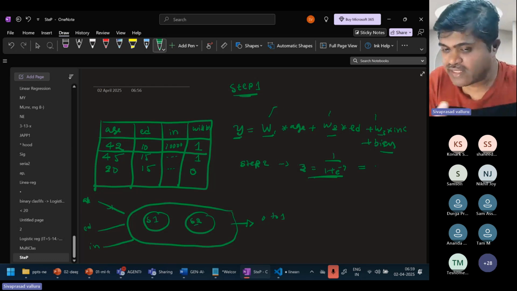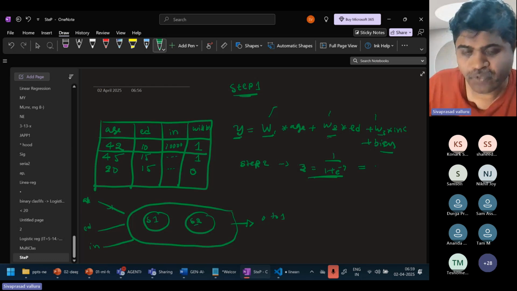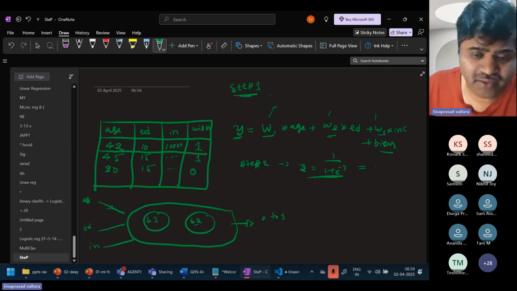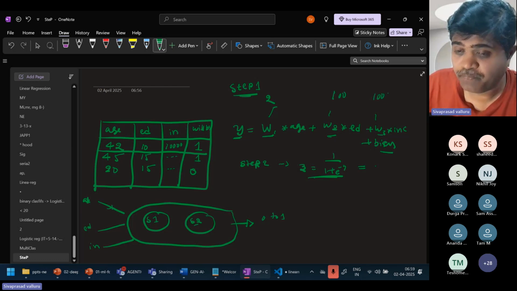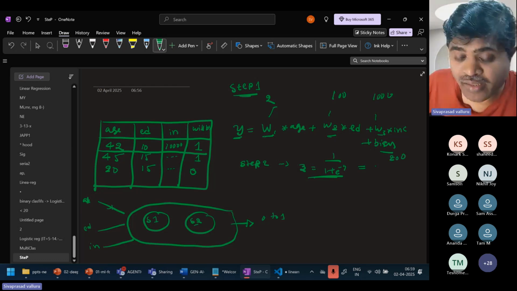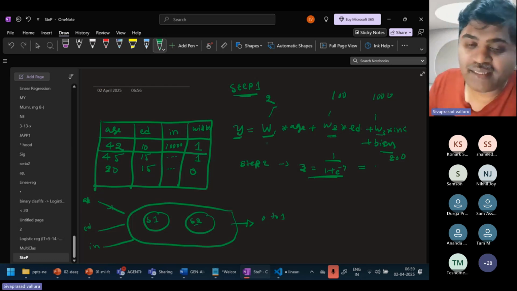Finally, once training is done, we'll have to finalize these weights, right? So assume that initially random weights, W1 is 2, W2 is 100, W3 is 1000, and maybe bias is some 200. Randomly, the algorithm will initialize these weights. Okay. Initially, these are the weights.